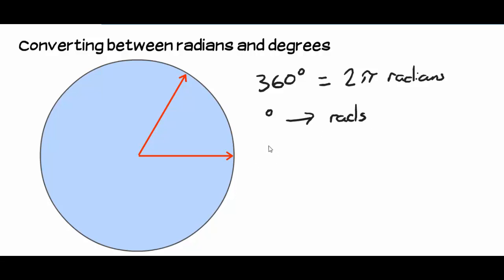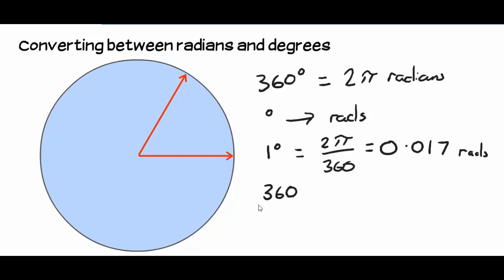Then what we would know is that 1 degree is going to equal 2 pi divided by 360, which is equal to 0.0117 radians. And if we were to go the other way, then we would have to go 360 degrees divided by 2 pi, which will come out as being around about 57 degrees.